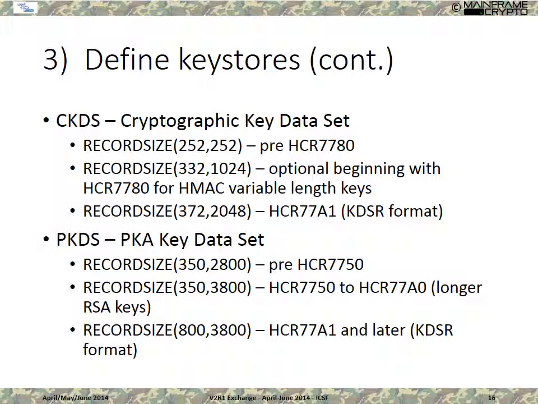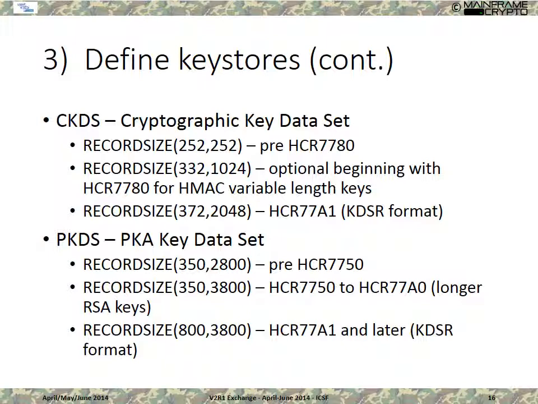Now, the standards for HMAC keys say that they can be variable length keys. So with HCR 7780, we introduced support for a variable length CKDS so we could store these keys. And now with HCR 7781, with this new KDS record format and introducing those date last used and time last used fields, we've had to increase the length of the record so we can support those fields as well.